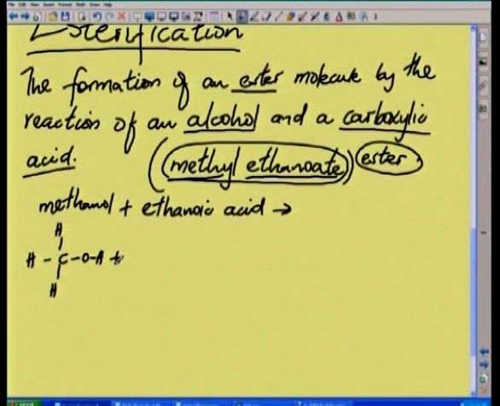Ethanoic acid will be, allow me to write the acid part this way. So you've got your H here, bonded to O, bonded to a carbon atom, double bonded to O, plus another carbon, and then you have that as your ethanoic acid.